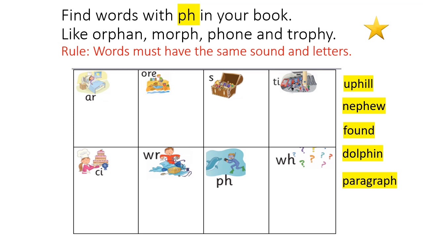So here we have uphill, that's the first word, nephew, found, dolphin, and paragraph. Okay, so any of those words that have the same sound and letters as orphan, morph, phone, and trophy, you will click and drag to the PH box.